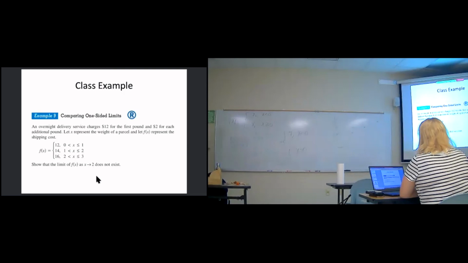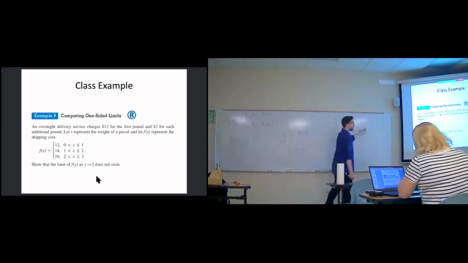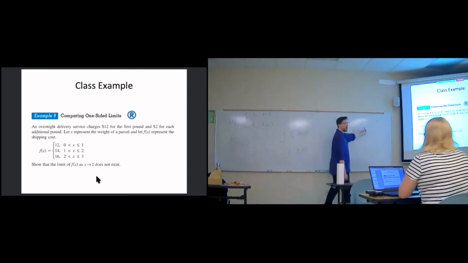Why is that? Well, what we've got is as you approach 2 from the left of our function, as we approach 2 from the left, we're going to get 14 out, right?